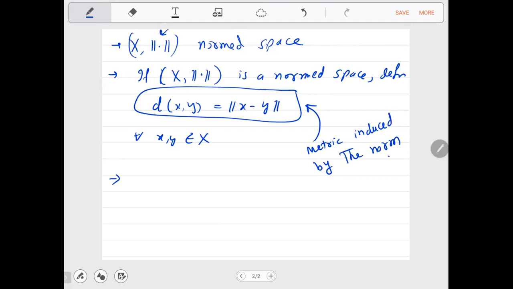Every norm induces a metric, but not every metric is induced by some norm.